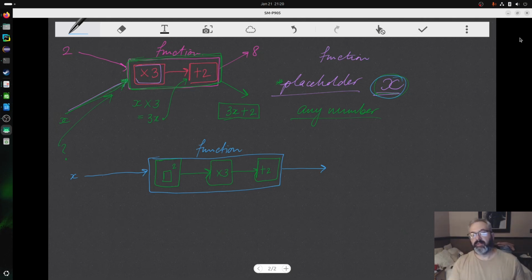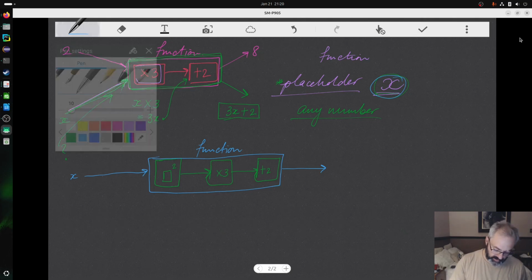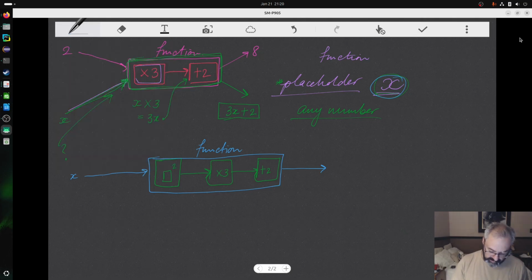Now let's have a look at what's going to happen with that X as it moves through this function block. So here it goes. The first calculation in my function is we have to take the X and square it. When we square something, say for instance 2 to the power of 2, 2 squared, that is the same as 2 times 2.